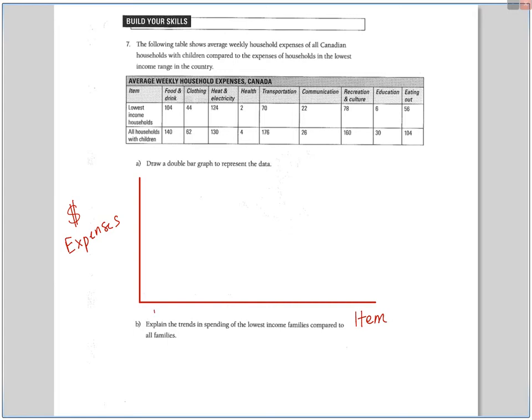Food and drink, F&D. Clothing, CL. Heat and electricity. Health. Transportation. Communication. Recreation and culture. Education. And eating out.